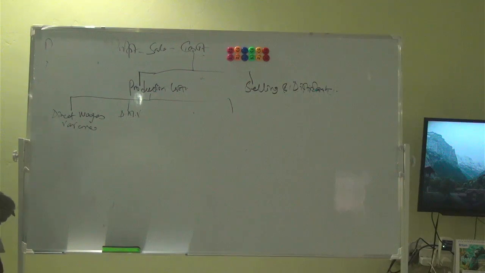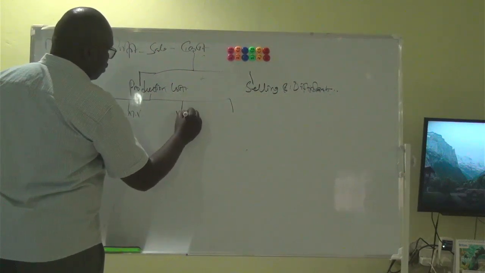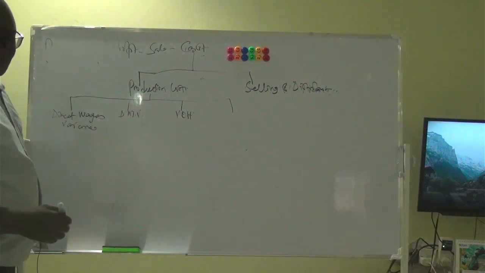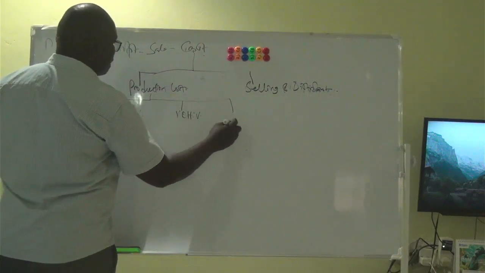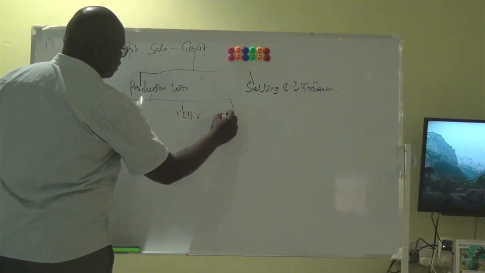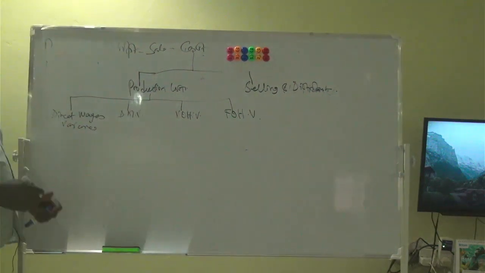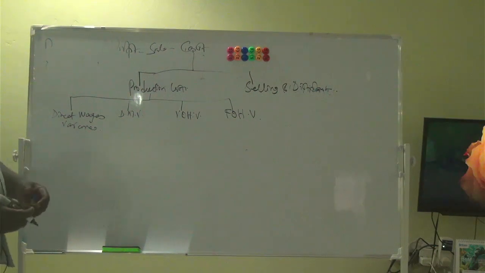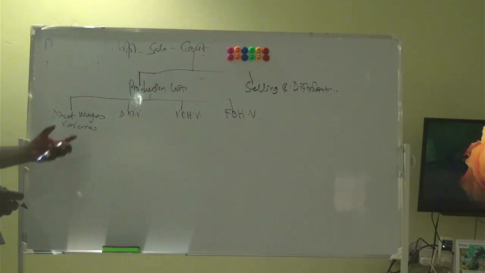After the direct material variance, I've said we have the variable overhead variance. Let me abbreviate it like that. And lastly, the fixed overhead variance.